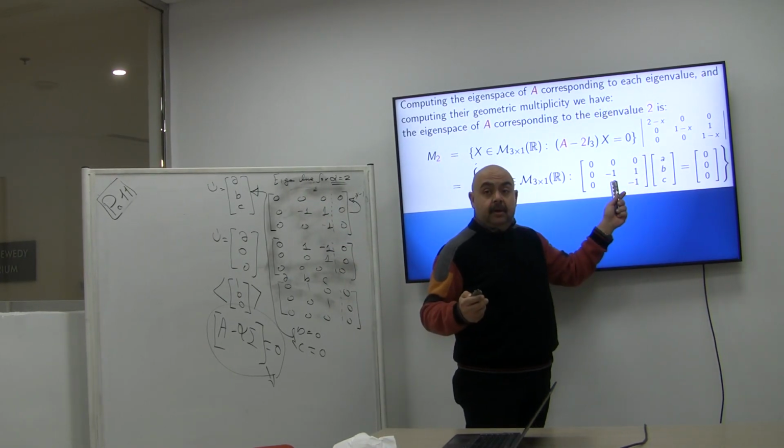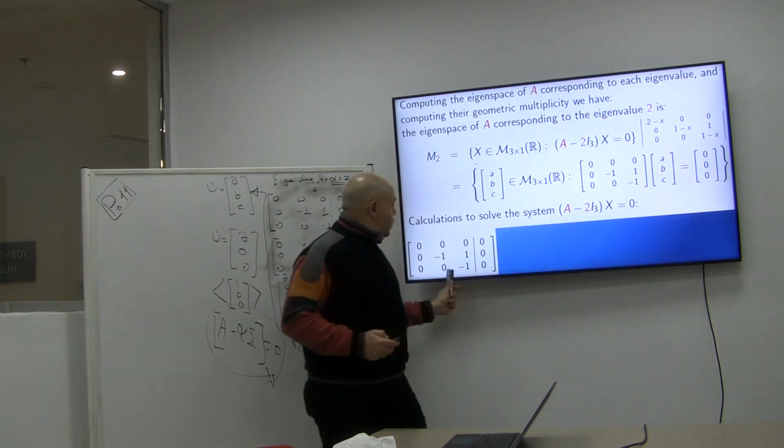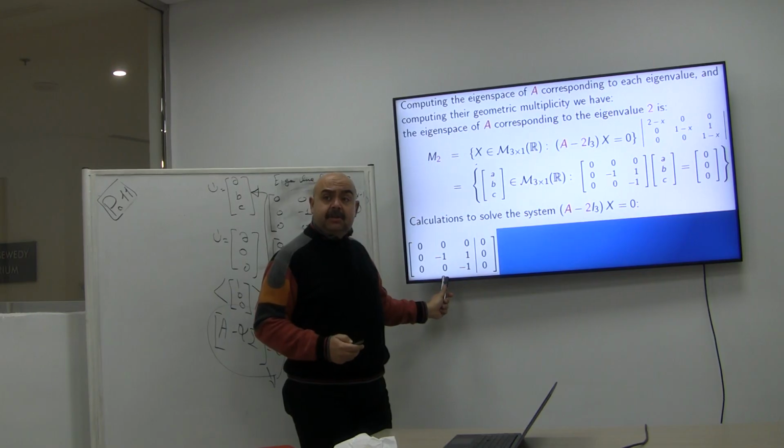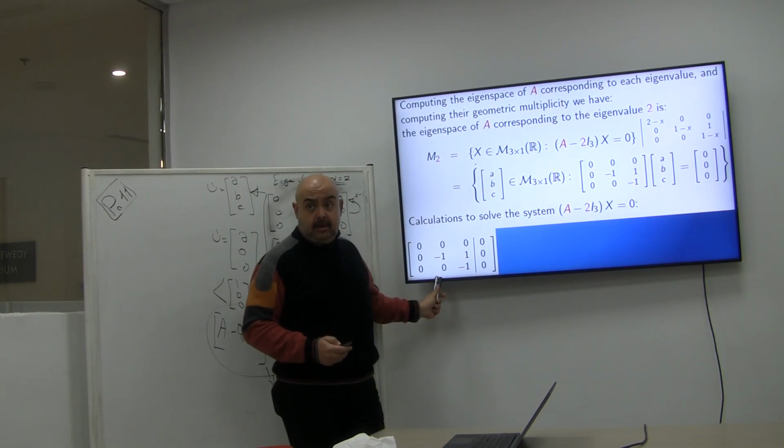Okay, done. Try to solve this homogeneous system, you will end up having this matrix. Try to play with the row operations in order to reach a reduced echelon form.